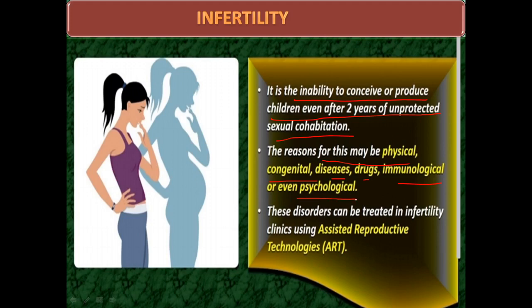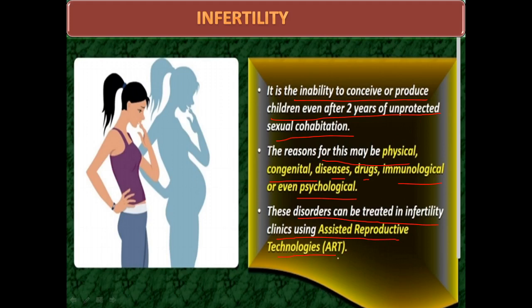The common physical causes in females are polycystic ovary syndrome, hormonal imbalance, and endometriosis, while in males it is low sperm count and small size of penis. These disorders can be treated in infertility clinics using assisted reproductive technologies.